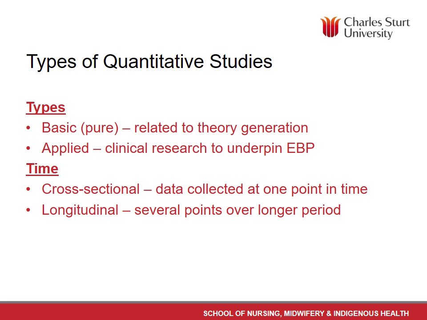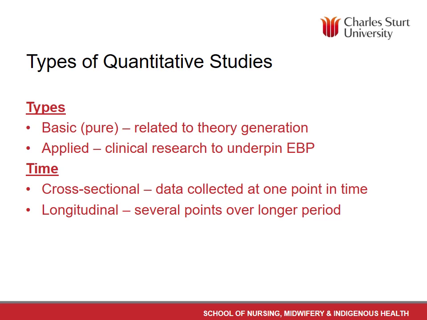So the types of quantitative designs you'll hear people talk about are basic or pure. You'll often hear people in the hard sciences do more basic or pure research, say in maths, and that is related to theory generation.